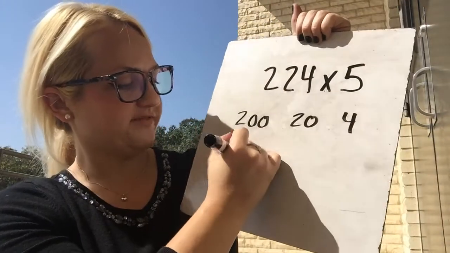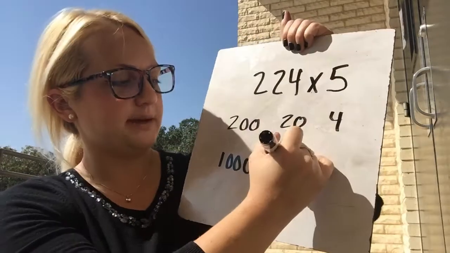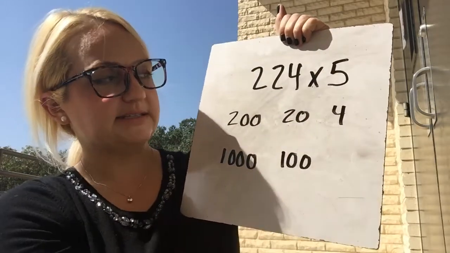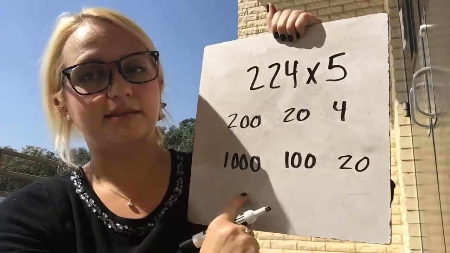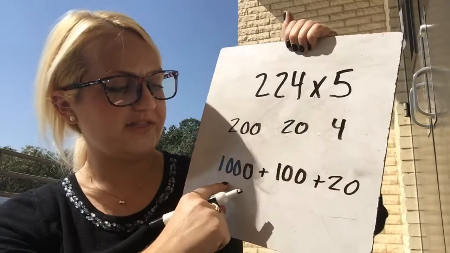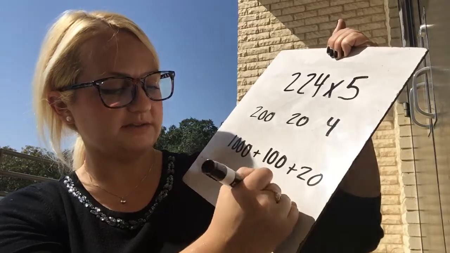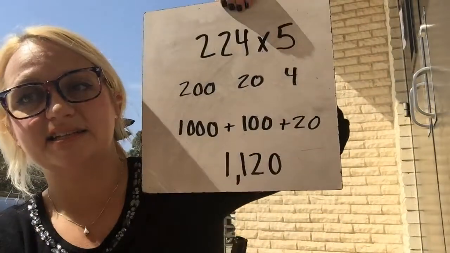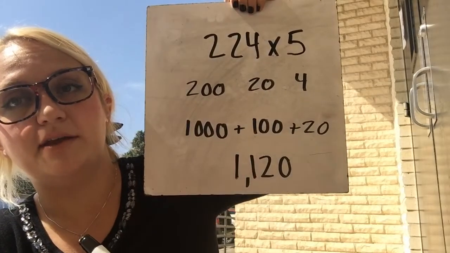So 200 times 5 is 1,000. 20 times 5 is 100. And 4 times 5 is 20. These are my partial products. I put them all together. 1,000 plus 100 plus 20. My total is 1,120. That's my total answer. Okay, that's your expanded method.